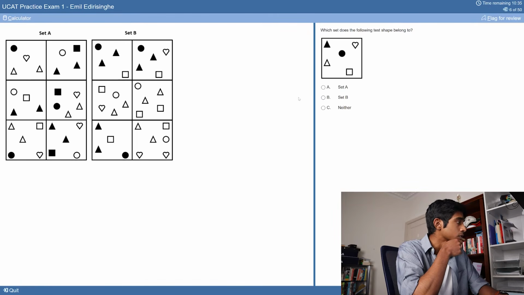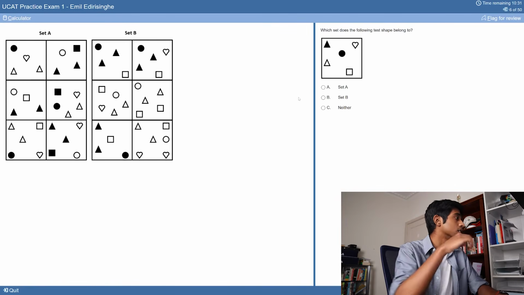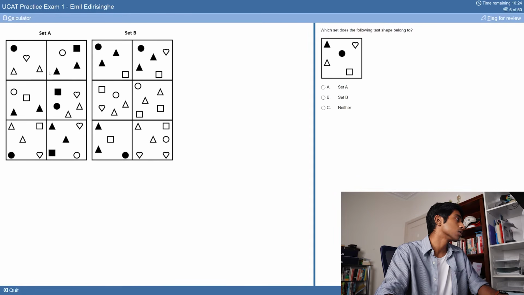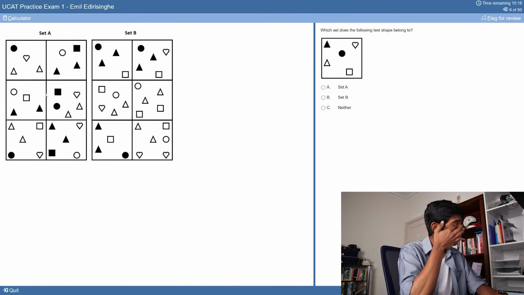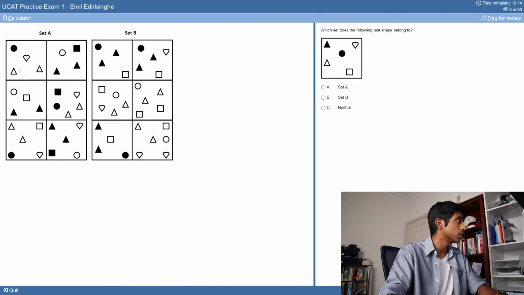Okay. This one, floating shapes. Again, I'm thinking position. This colored as well. Alright. So, circle in every box. There's a square. There's a square in, oh no, there's no square in every box. So we'll just look at the circle and triangle.